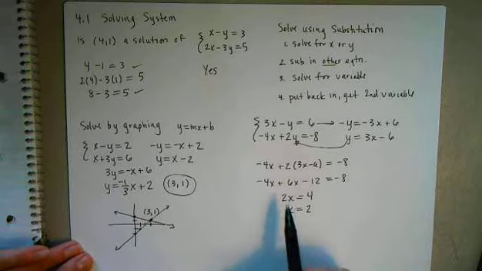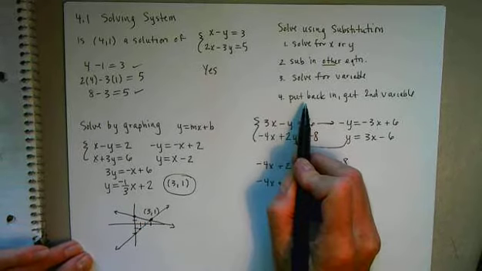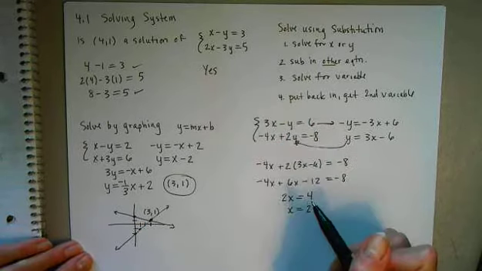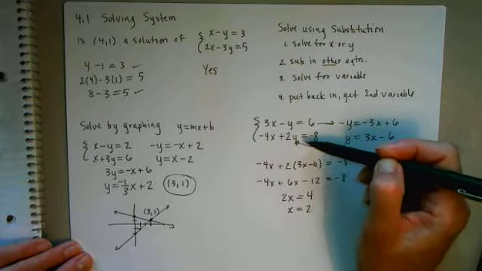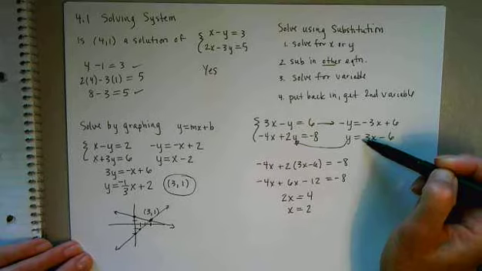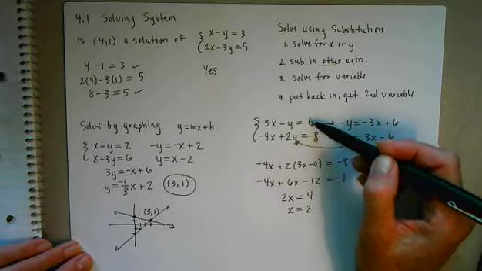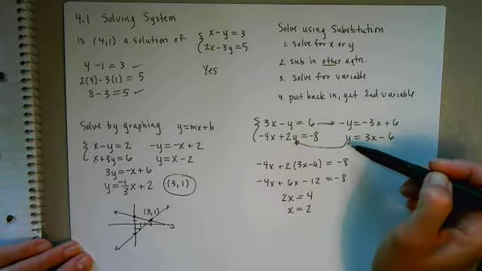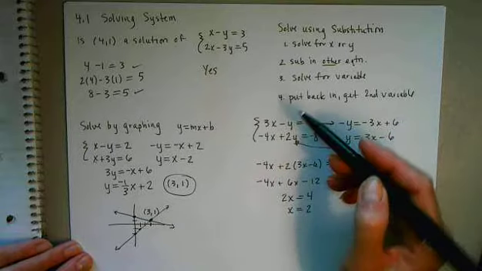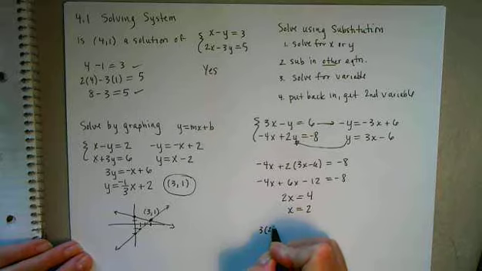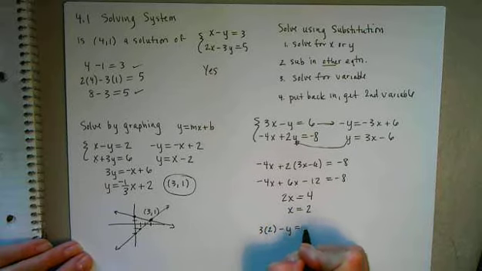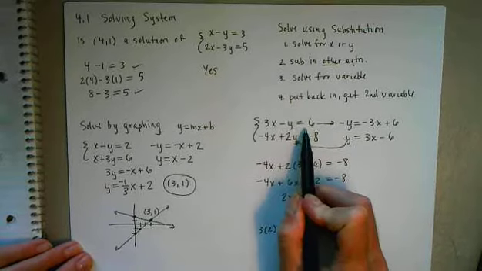So my next step is to put that back in and get the second variable. And you can actually put it in here, or even right here, because this is the same as this equation, wherever it's easiest. So I'll just put it back in my first original equation. So I have 3, and then instead of x, I'm going to put my 2 in, minus y equals 6, just coming from my first equation.